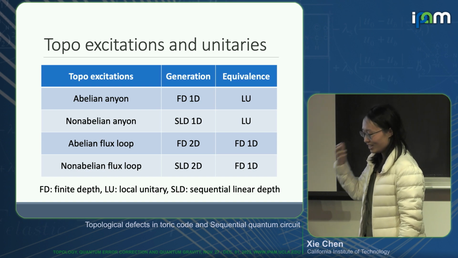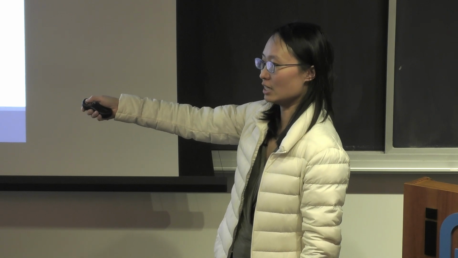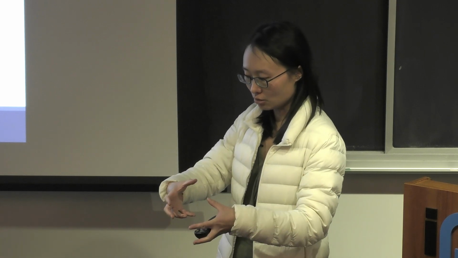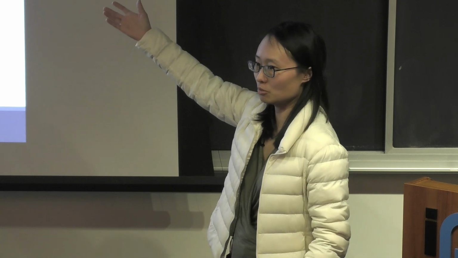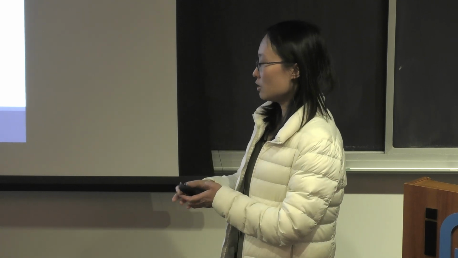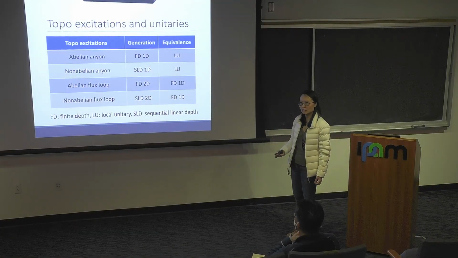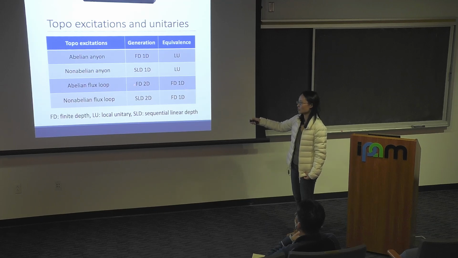of course, the interesting thing is that for anyons, for point excitations, the notion of locality is very simple. It's either 0D local or not 0D local, right? If it's not 0D local, it better be some 1D thing. But starting from 1D defects, the notion of locality becomes more nuanced, because we can have a finite depth 1D circuit, and then we can have higher dimensional circuits.